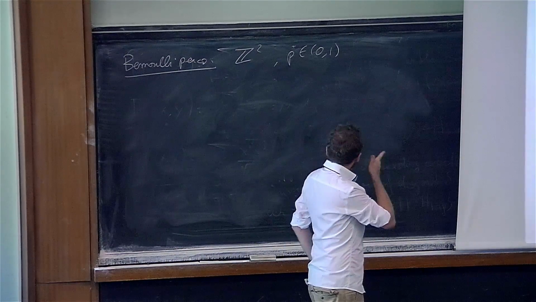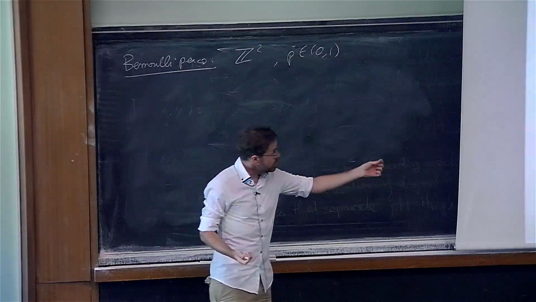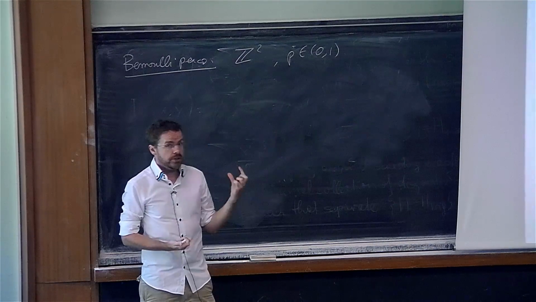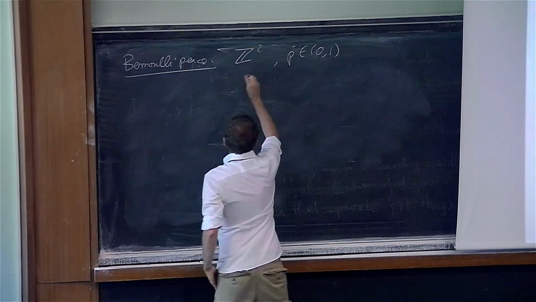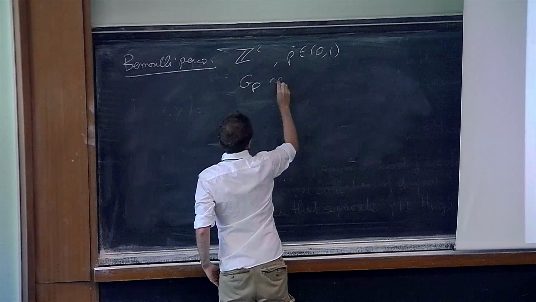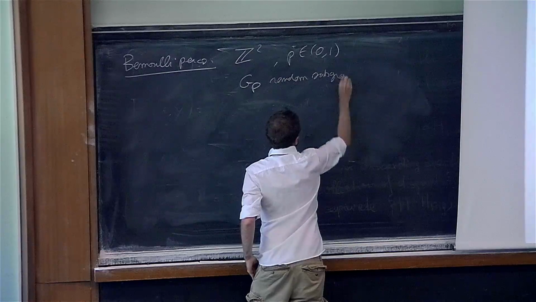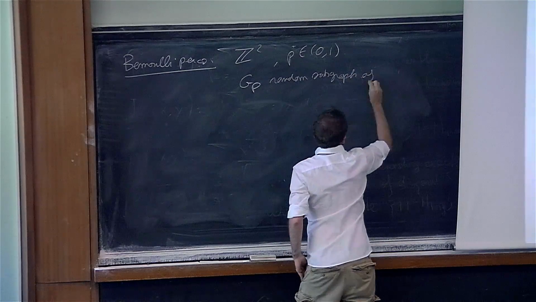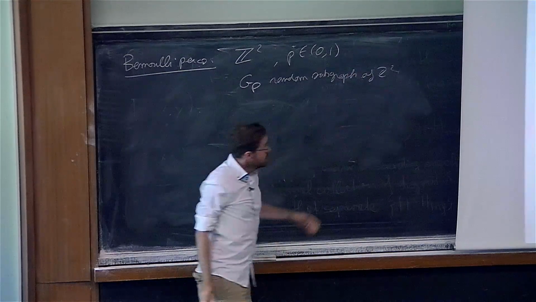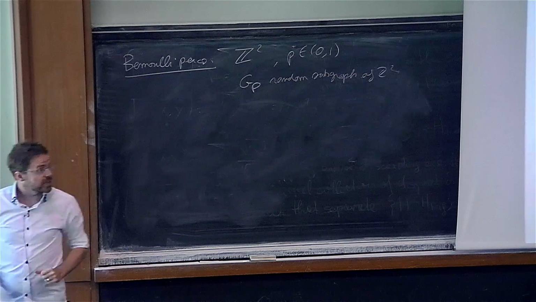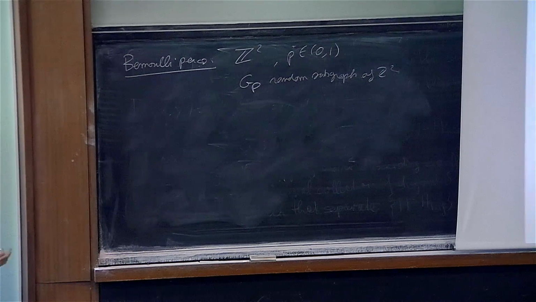So this gives you a random subgraph where you keep all the vertices and you keep all the open edges. So it gives you G sub p, which is a random subgraph of Z2. So this is what you get if you sample it for p equals 0.3.